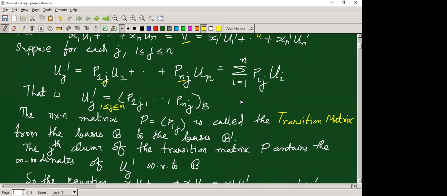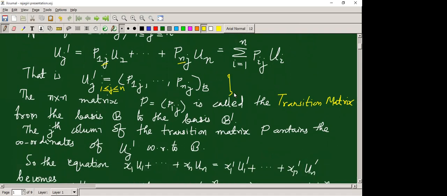We have two bases. B is equal to u1, u2, etc., un, and another basis B dash, which is equal to u1 dash, u2 dash, etc., un dash.